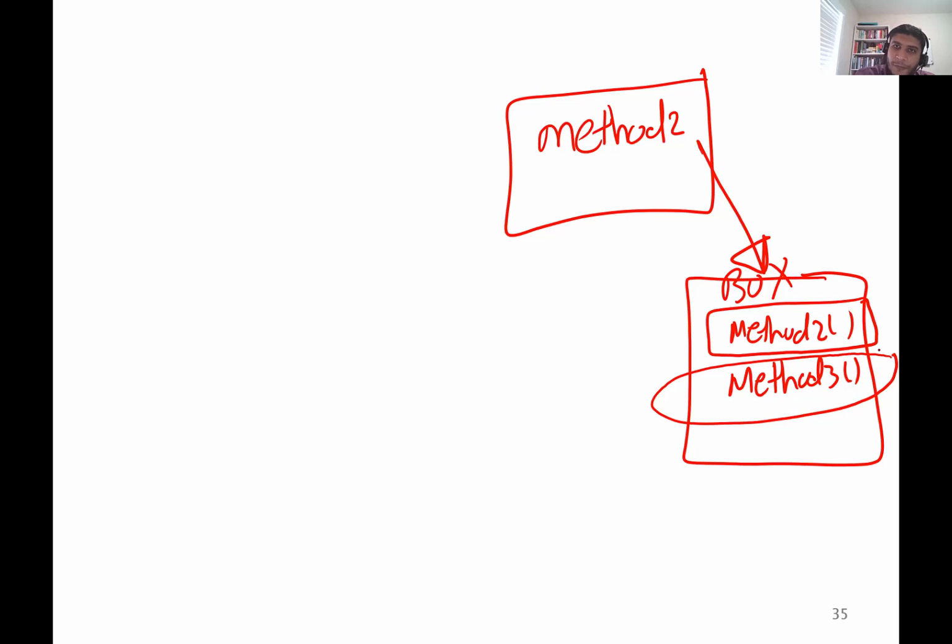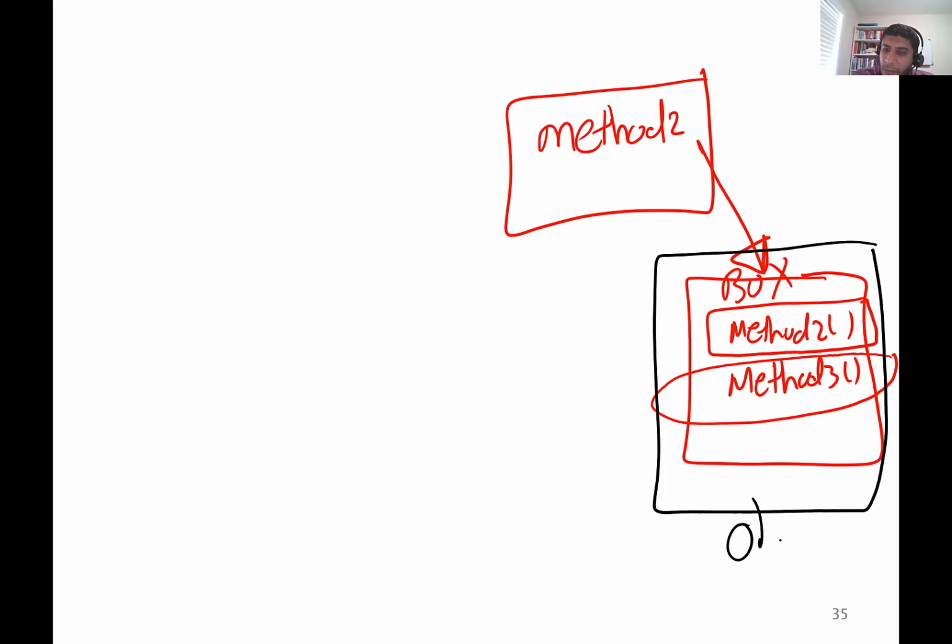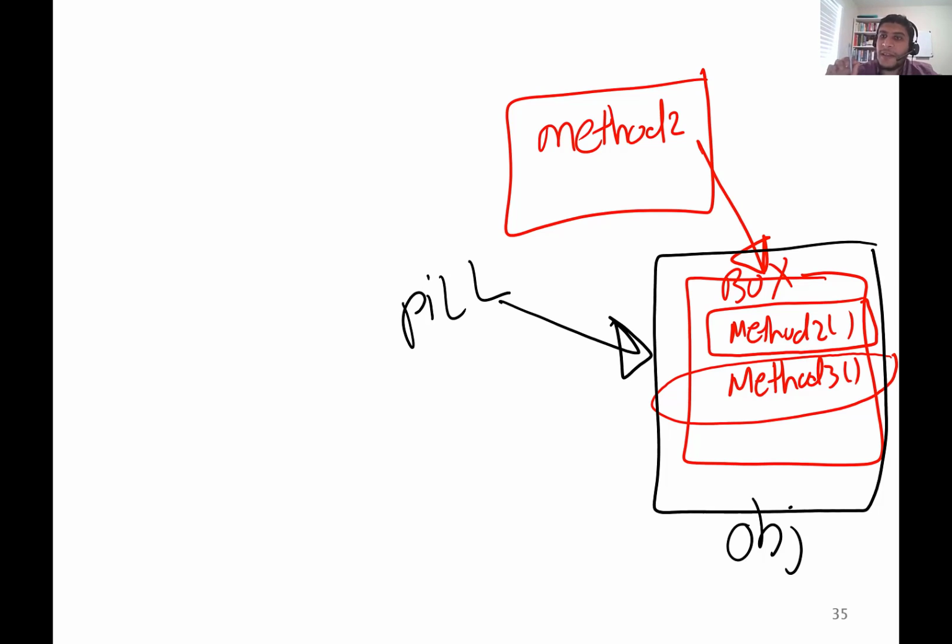Now, for this, let me change color. For this object in memory, I created a reference of type Bill, right, which is the parent. The rule we said in the lecture is if your reference is of type parent, it only has access to the methods that are inherited from the parent.